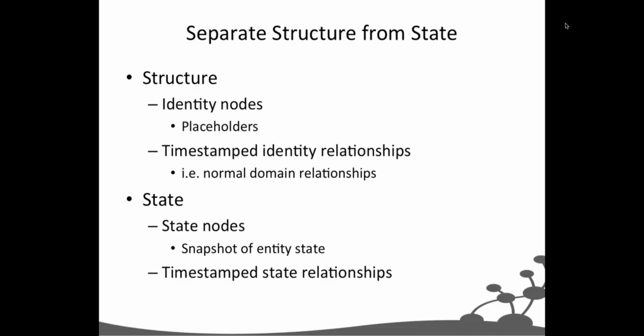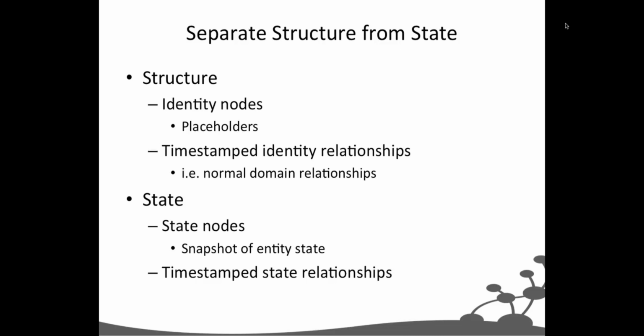The other thing that we do is that we timestamp all of the relationships here. We attach a to and a from property to every relationship, effectively saying this particular relationship and its values, if we've got some other properties attached to that relationship, are valid for this particular period of time.